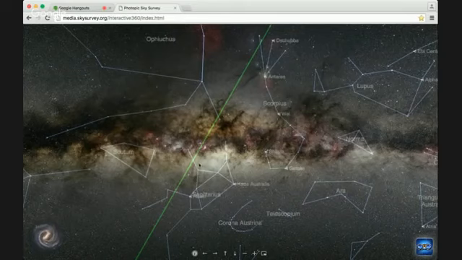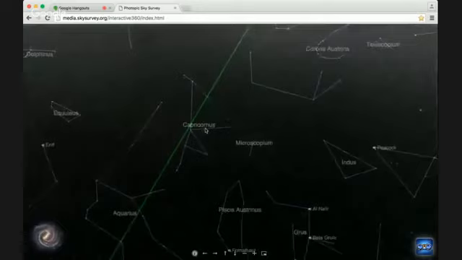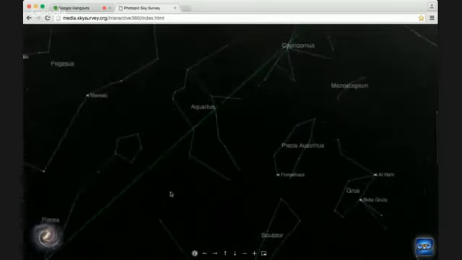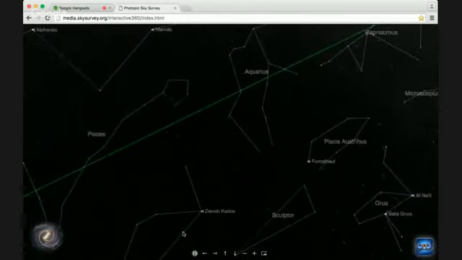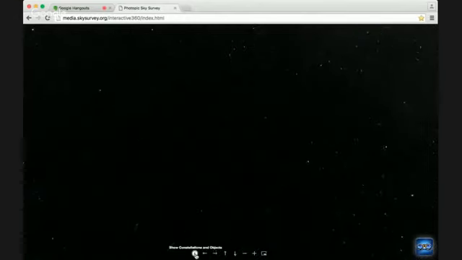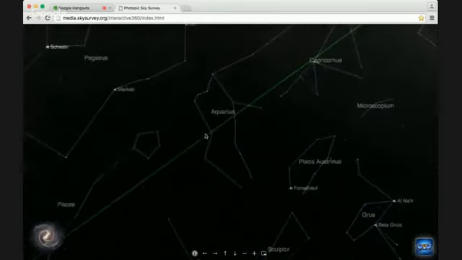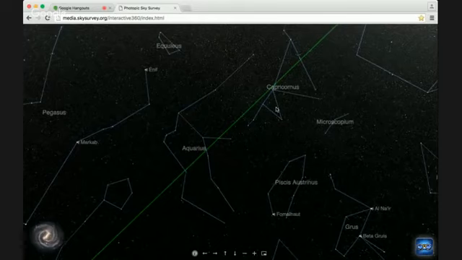So if we go down this way, we're going to look for where the sun is. And how's about that? It's not even on there. It must be because of my bandwidth. It might be struggling.